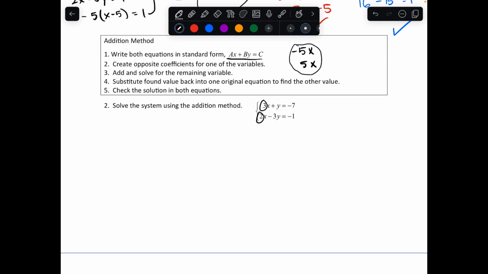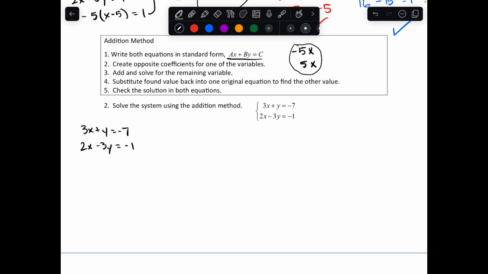But if I check out the y's, I have a positive 1 and a negative 3. To get these to have opposite coefficients, all I have to do is multiply one equation by one number instead of multiplying both equations by a number. So I'm going to try to eliminate the y's in this case. I have 3x plus y is equal to negative 7, and then I have 2x minus 3y is equal to negative 1.